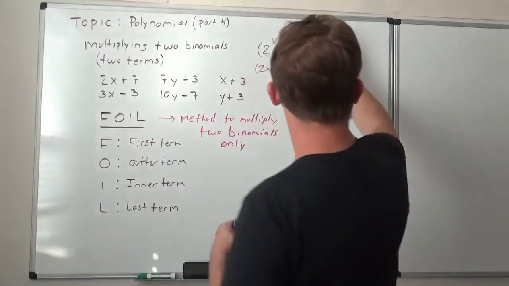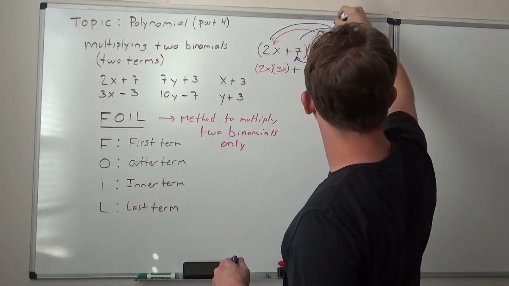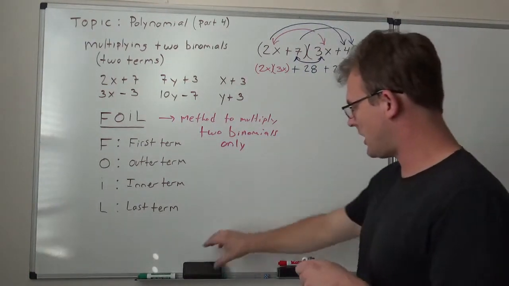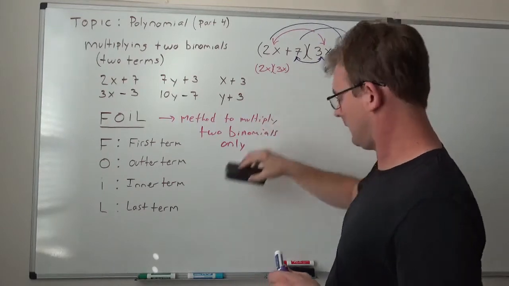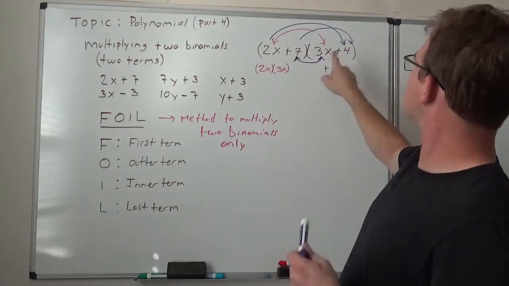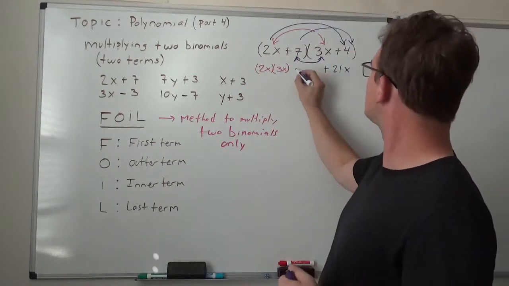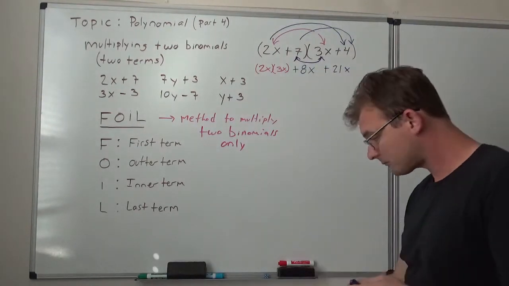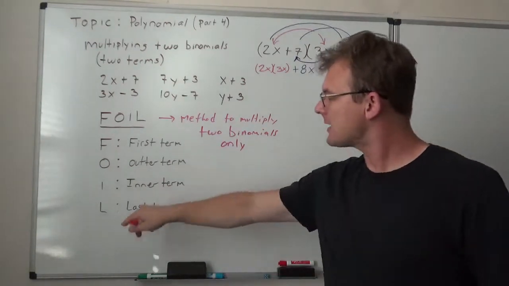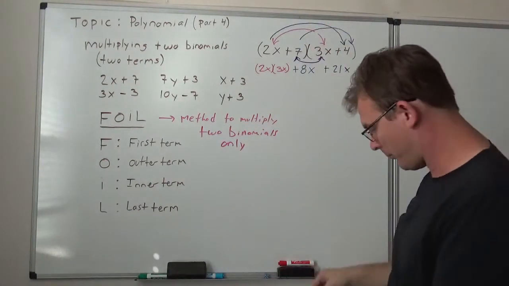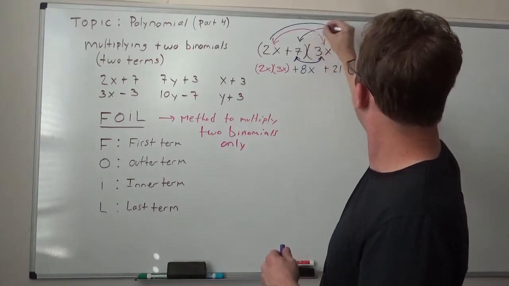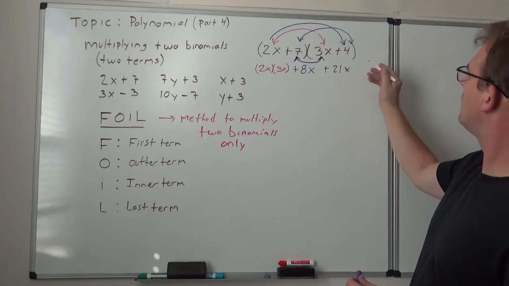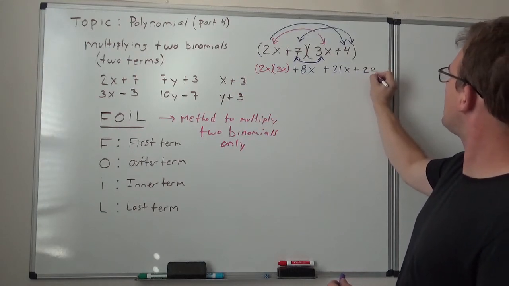When I say outer terms, it's actually that. My fault. So let me change this real quick. This should be 2 times 4 is 8, so plus 8x. Sorry. Now, the last term, which is the purple one. I'm going to go 7 times 4, which is plus 28.